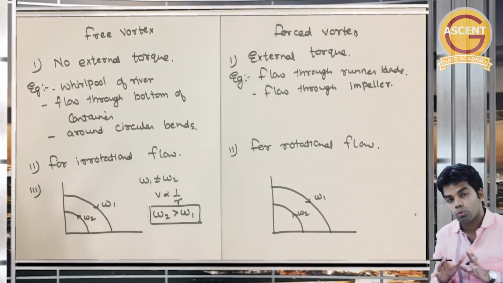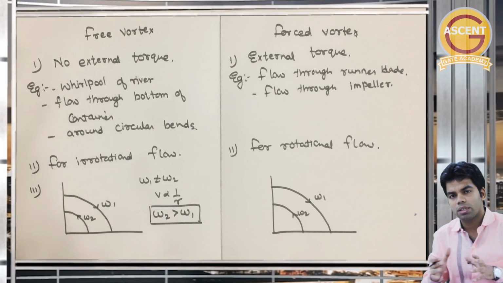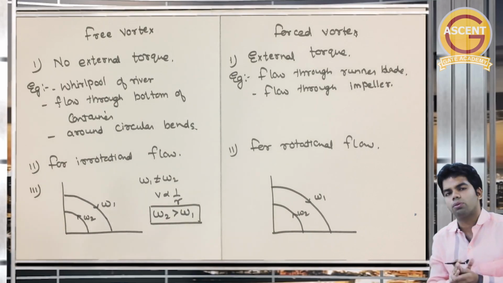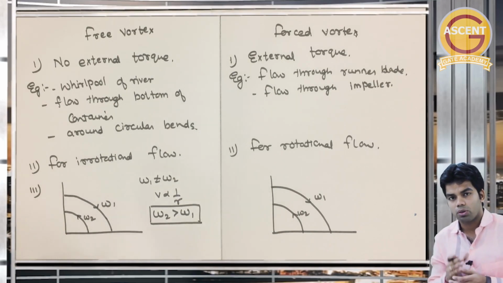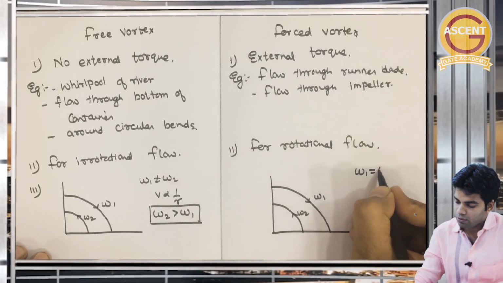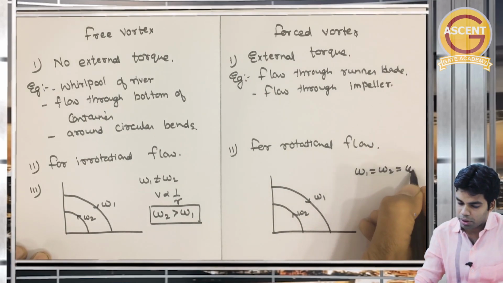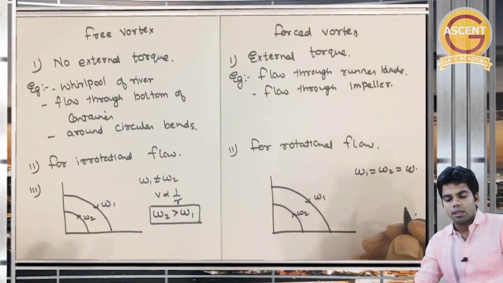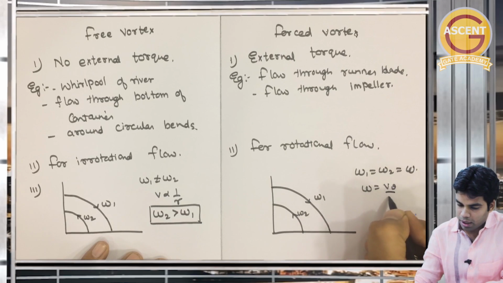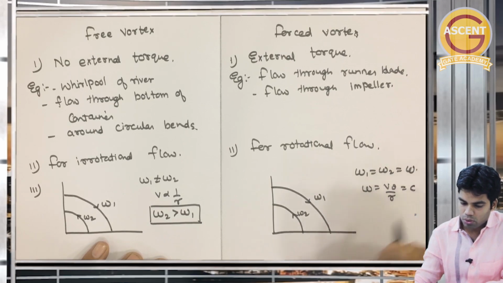Because there is no external torque, there has to be some difference in angular velocity, then only it will produce a vortex. Now on the other hand, for rotational flow, for a forced vortex, because there is an external torque, omega 1 will be equal to omega 2, which will be equal to omega. This will be the same. We know omega is equal to V theta by R, and this omega is a constant.